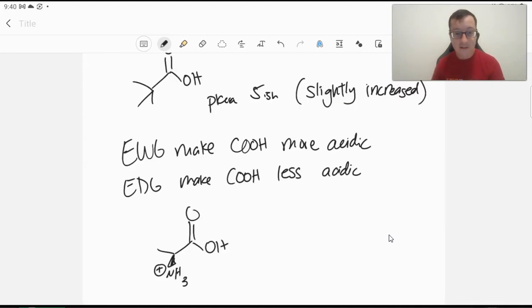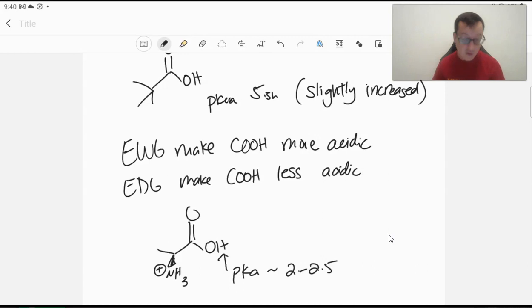And because of that, we now have a nice, strong electron withdrawing group right next to our carboxylic acid. The pKa of this one drops to about 2.5. So it drastically lowers your pKa.